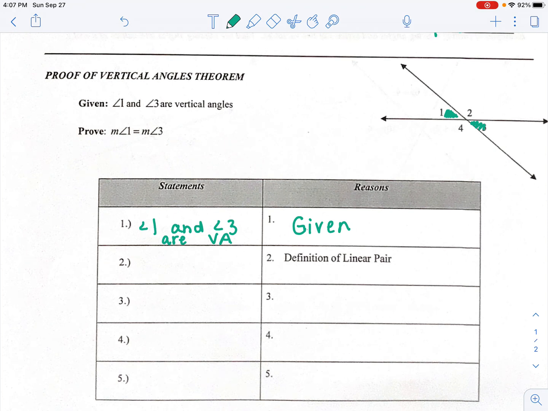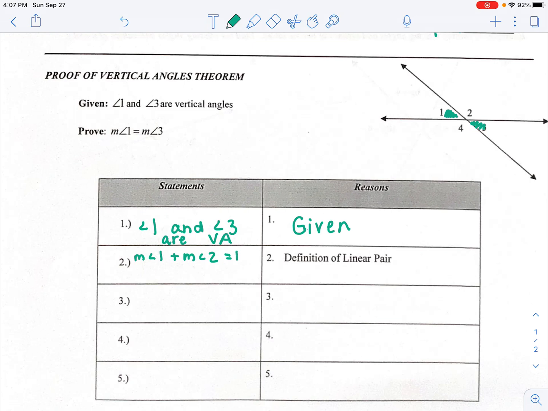The second thing says the definition of a linear pair. I'm looking for a linear pair here. Remember, angle 1 and angle 2 were a linear pair. So I'm going to say the measurement of angle 1 plus the measurement of angle 2 equals 180. Sorry guys, my dog is currently jumping on my lap here.